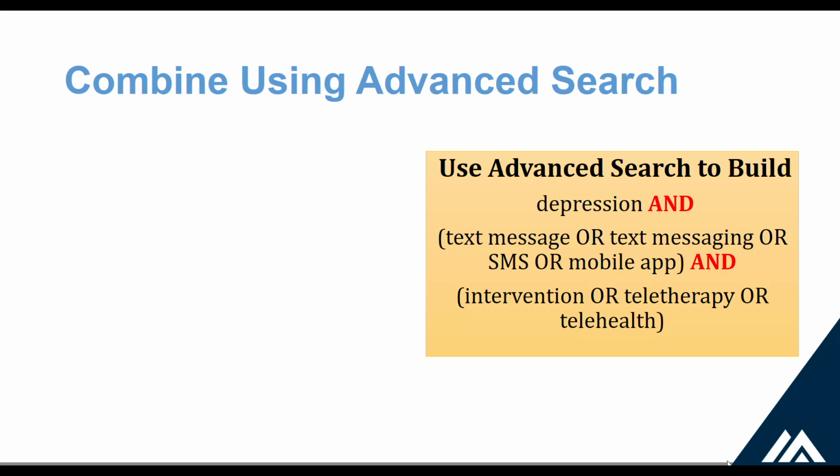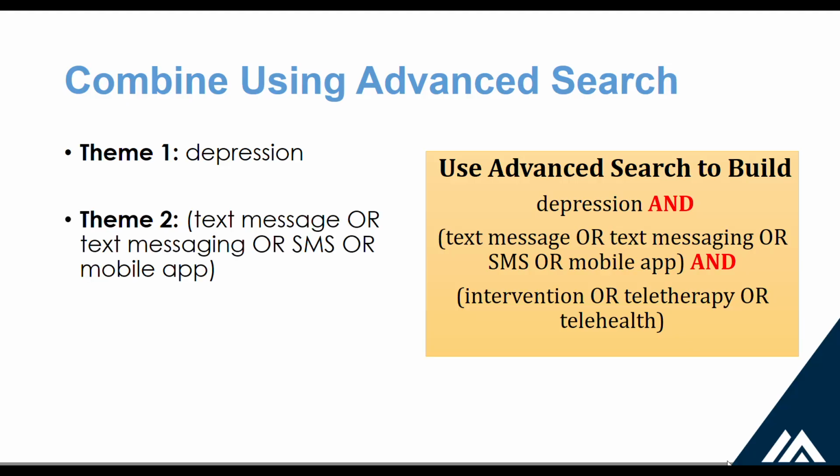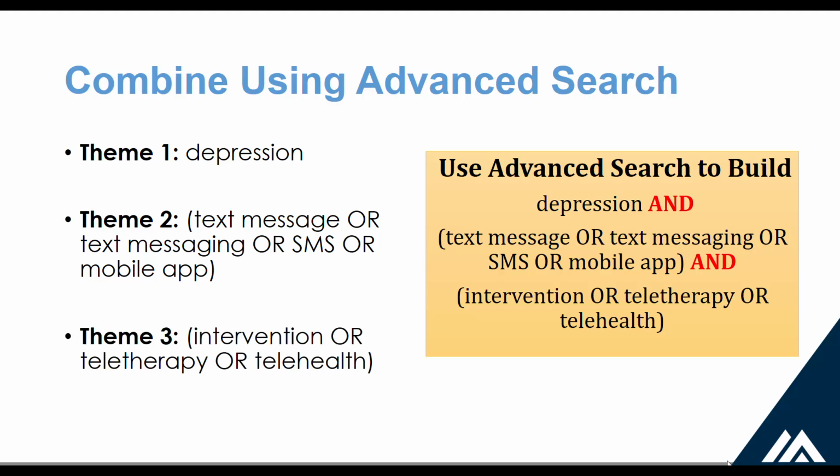So we want theme 1, anything related to depression, and any articles that also talk about any form of text messaging, which could be text message, text messaging, texting, everything that we just talked about. All those would be OR'd together because it could be any of them. And then for the sake of this, I just threw in intervention as another theme. So that's how we would do this. Now you've just built your search using a concept map.